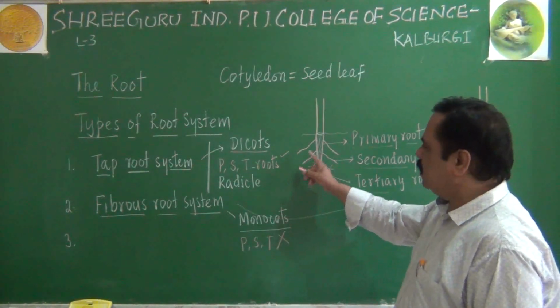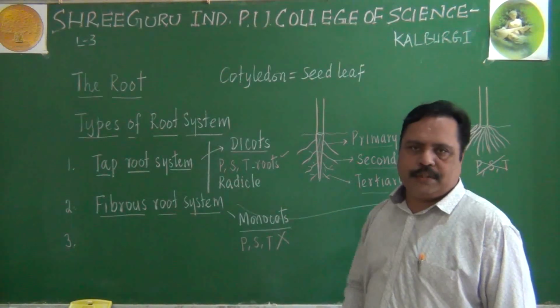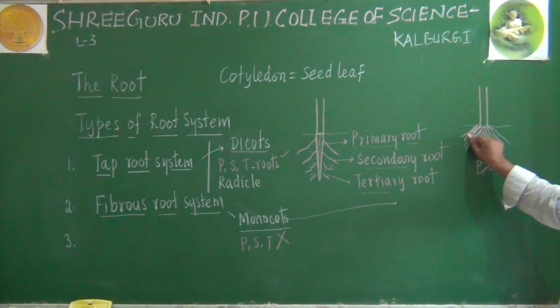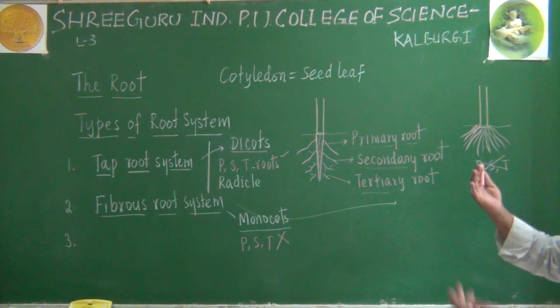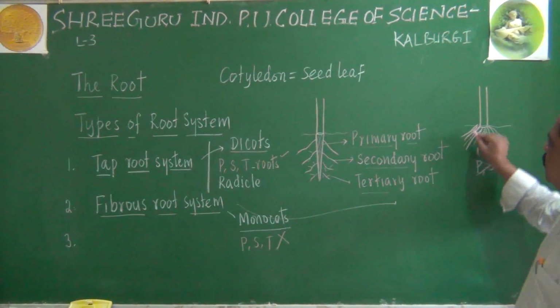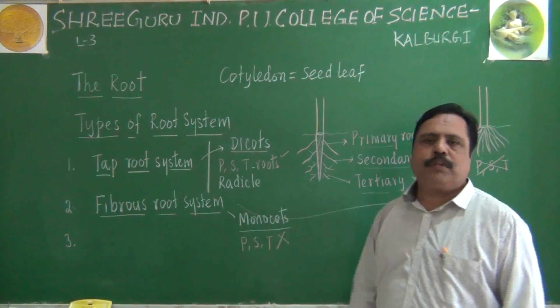In taproot system, you can differentiate primary, secondary and tertiary roots. In fibrous root system, we cannot differentiate which is primary, secondary or tertiary. If such differentiation is absent, it is called a fibrous root system.